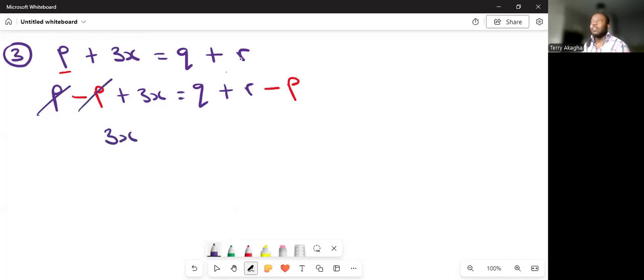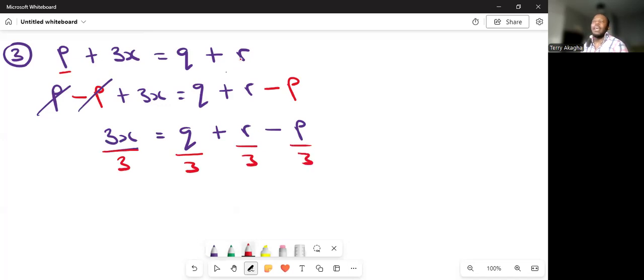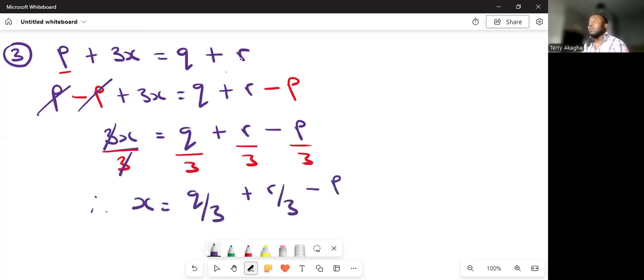You now have 3x is equal to Q plus R minus P. Now to get rid of this 3, you have to divide both sides by 3. So you have to divide through by 3 to get the answer. Okay, so then this is going to cancel that. So we now have x is equal to Q over 3 plus R over 3 minus P over 3. And that will be the answer for that.